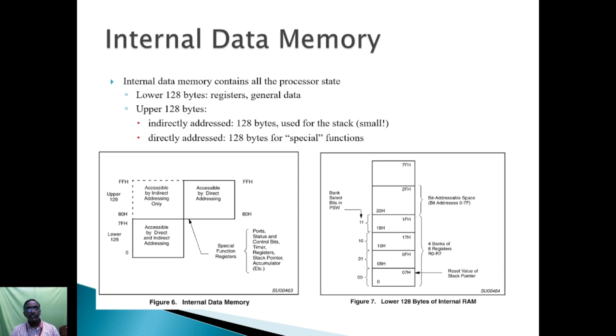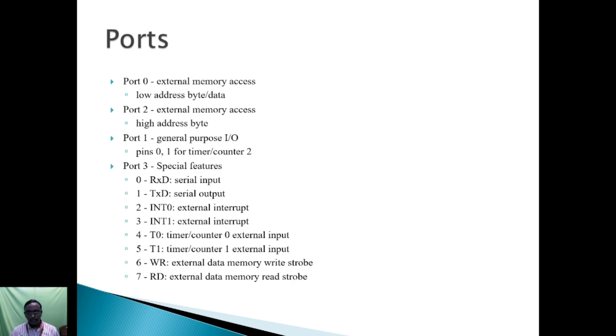Direct addressing is for the special function registers. So here the internal data memory has the lower 128 bytes of internal RAM. In the internal RAM, we can add the special function registers.